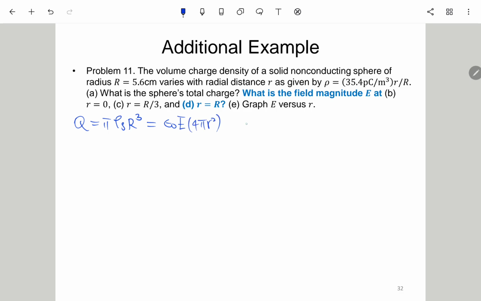Okay, so we use the Gauss law for the whole sphere. So we can cancel the pi, and then finally we have E equals rho S over 4 epsilon naught times capital R cubed over small r squared. Okay, so this is correct when r is larger than or equal to capital R.